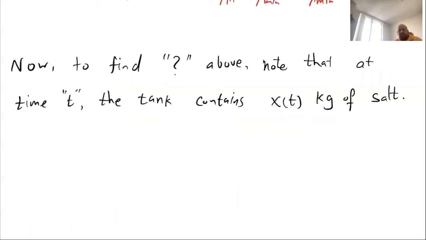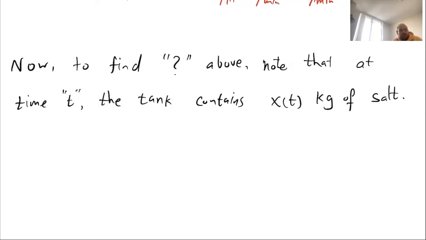See, we don't know how many kilograms of salt the tank has at time t. That's the quantity that we assigned as x of t. We called it x of t. We assume x of t is the amount of salt at time t. Now, how much is x of t? Well, we know at t equals 0 it is 60, but we don't know how much it is at t equals 1 or at t equals 2. That's what we actually want to find. We want to find the amount of salt at t equals 20.